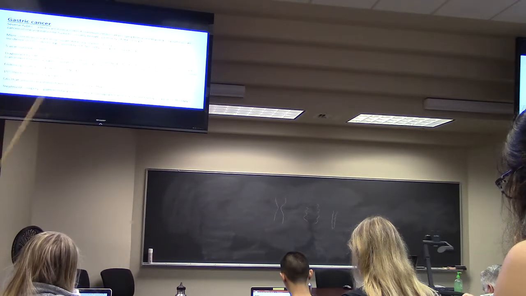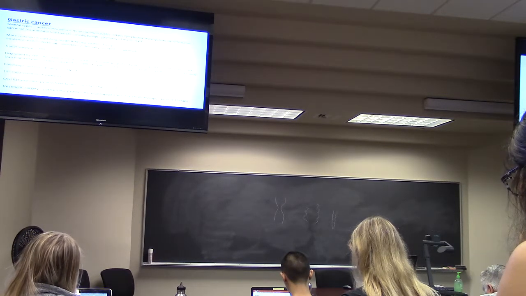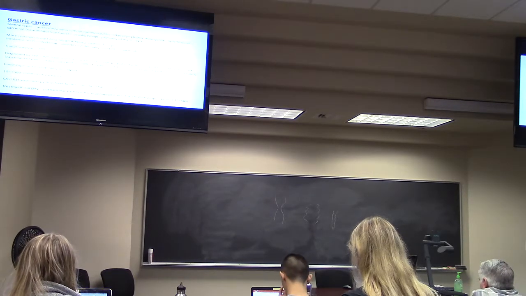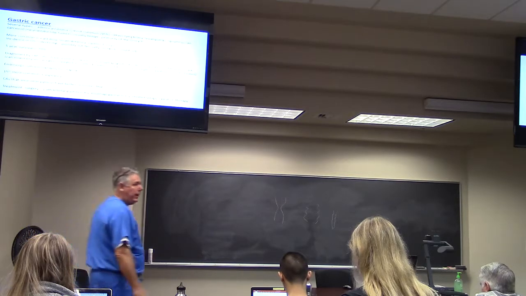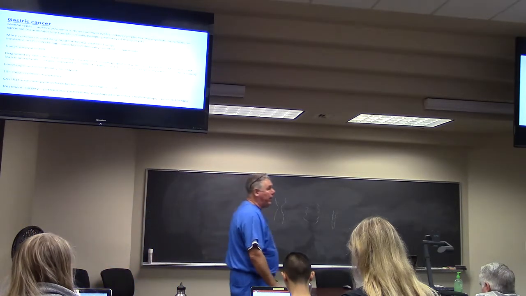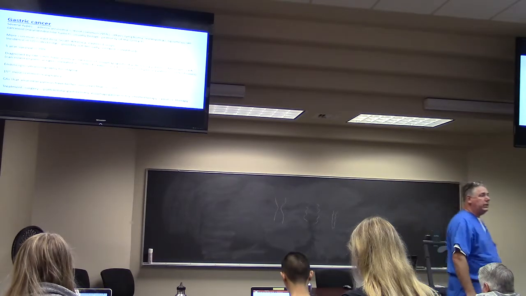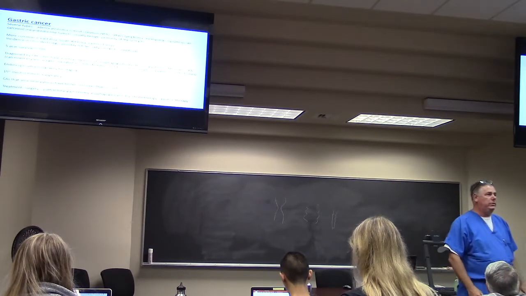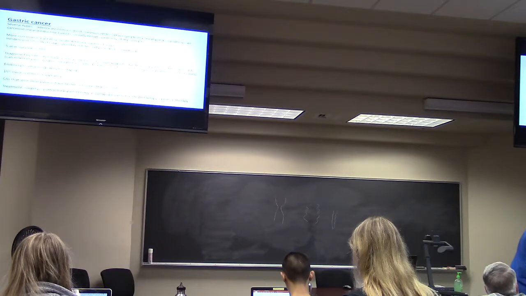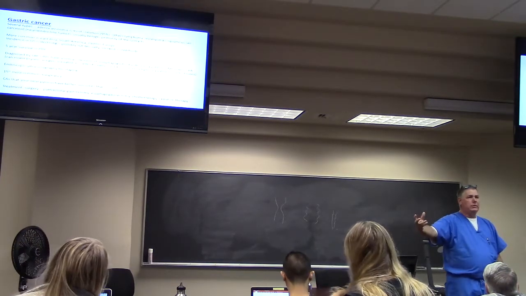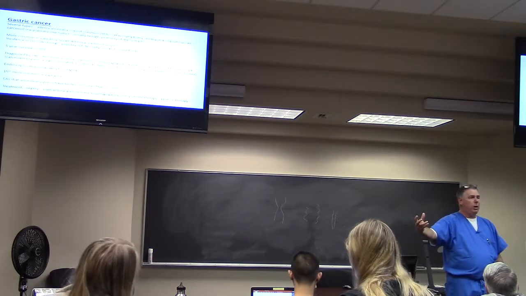Five-year survival is low. It's down in the 20s, so it's not very good. Gastric cancer is not prevalent in the United States. It is very prevalent though in Asia. The thing that they always show you, and I showed you actually, is that Asian populations are notorious for having low rates of colon cancer.